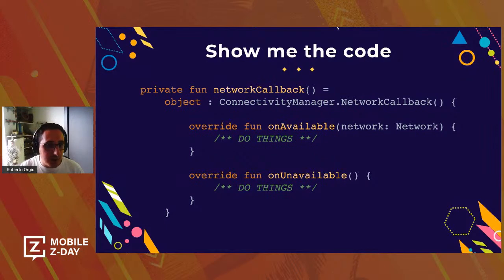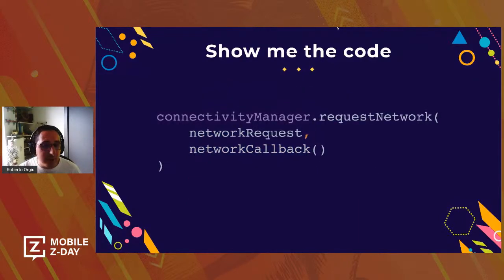So now we have the callback that will tell us when our network, the requested network, is available. Then we have the network request that will tell, in this case, the system that you want a network that is over Wi-Fi but not connected to the internet, and it's time to wire them together. And we do that with a method on the connectivity manager that is request network.